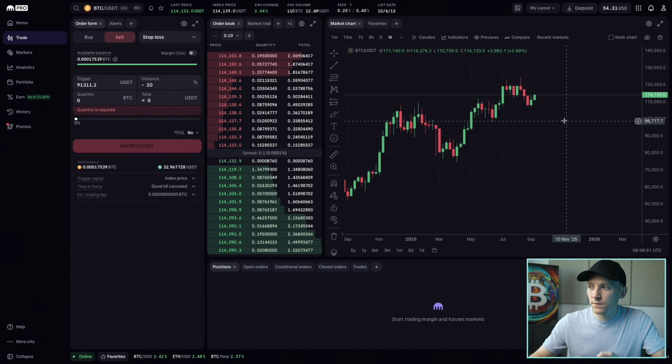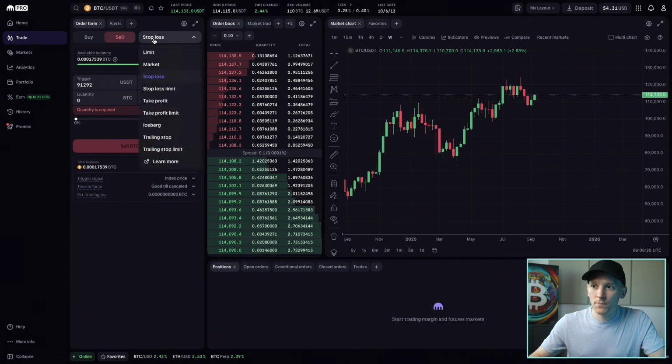However, at 100,000, if it gets there, sell out of my position. That would be a loss from now, right? Because it's 114 now and I'll be selling at 100,000. But that's going to be my stop loss price. So at that price, trigger my order into the system, and my order is a sell order. That helps us create a stop at this level.